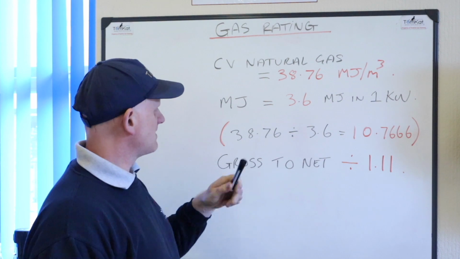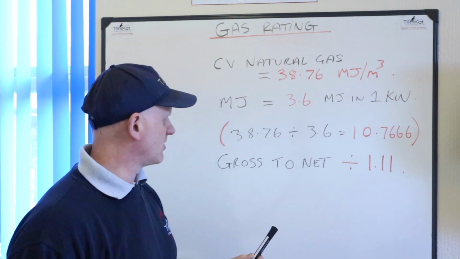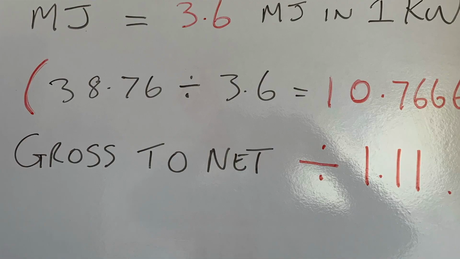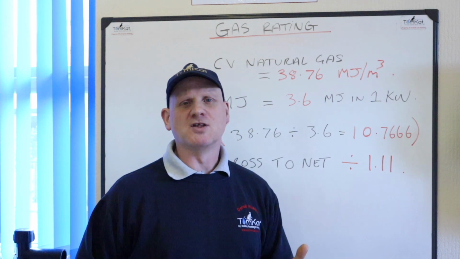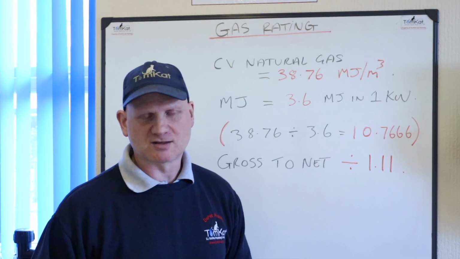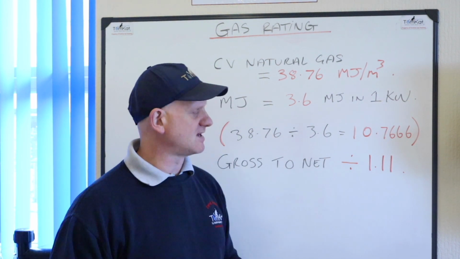The last figure we're going to look at before we start actually gas rating is gross to net. When we gas rate, we use a gross figure, and since 2000 the manufacturers give us the net figure. The net figure is taken upon the latent heat of the combustion process, and the latent heat from the combustion process is about 11%.